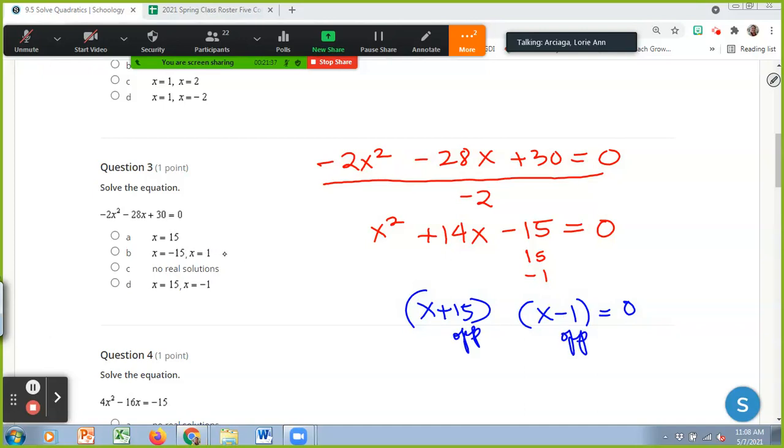So we have -15 and positive 1. If you're very good at factoring, this is super easy. You have to move the 15 over to the other side to solve it.